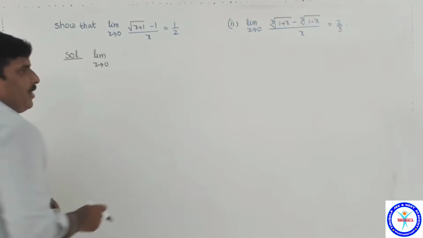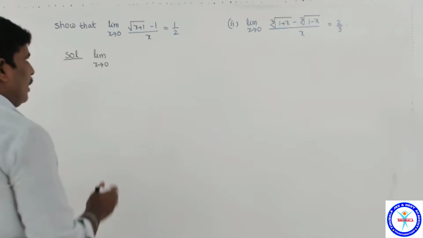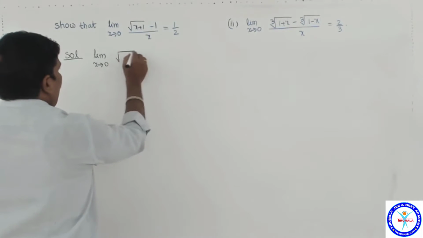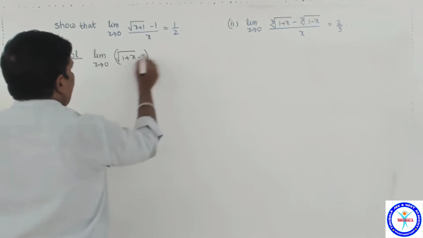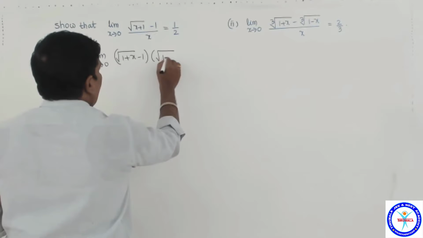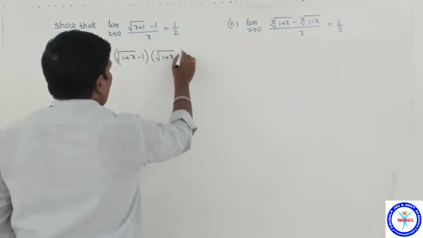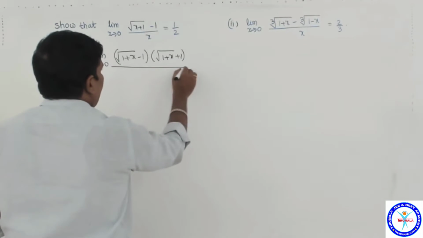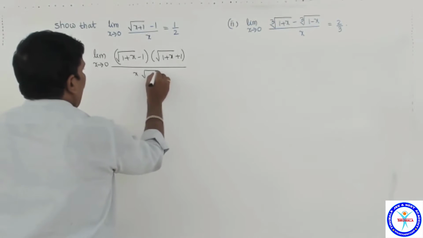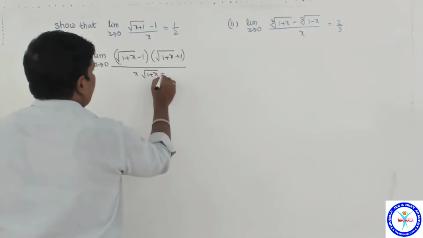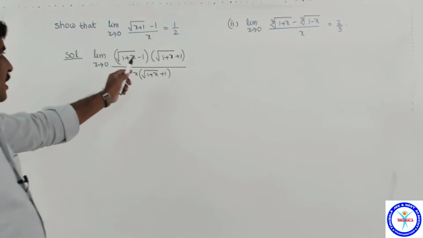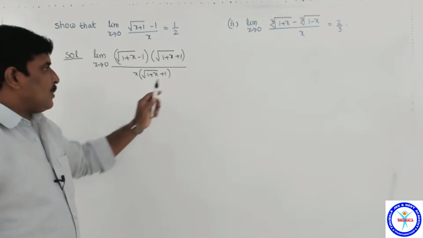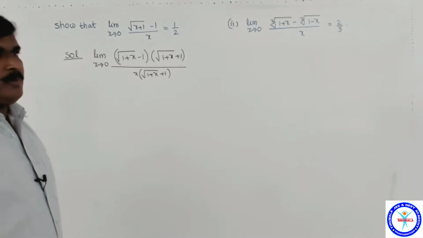What is the rationalizing factor of the numerator? Root 1 plus x minus 1. So we multiply by root 1 plus x plus 1 in the numerator and denominator: (root 1 plus x minus 1) into (root 1 plus x plus 1) by x into (root 1 plus x plus 1).